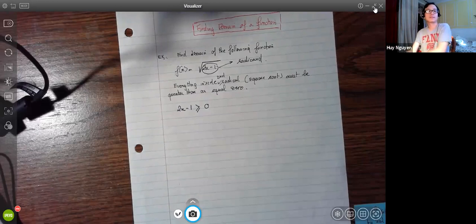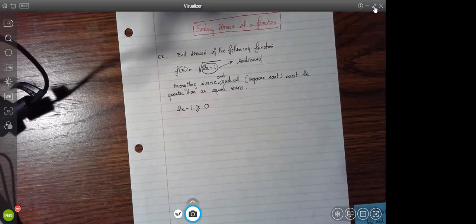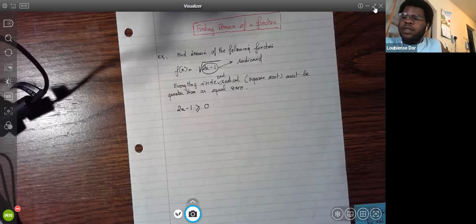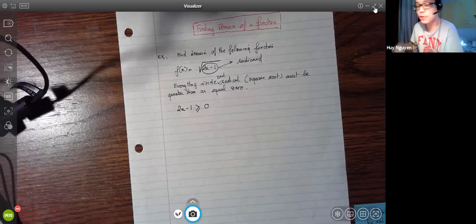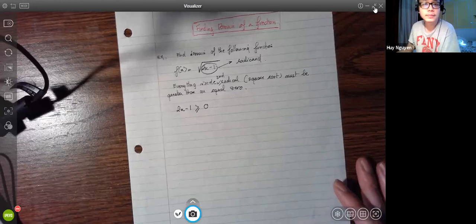Okay, so what we have here is an inequality, right? How are we going to solve this inequality? Are we going to move negative 1 to the other side? Okay, we move negative 1 to the other side. Everybody agree with Luke? Yes.